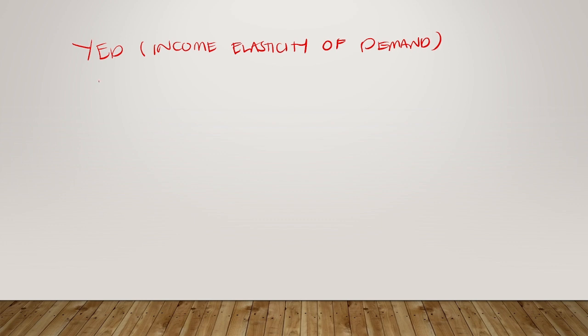The formula is YED is equal to the percent change of QD over the percentage change in income. For income, the percentage change is income 2 minus income 1, over income 1, times 100.